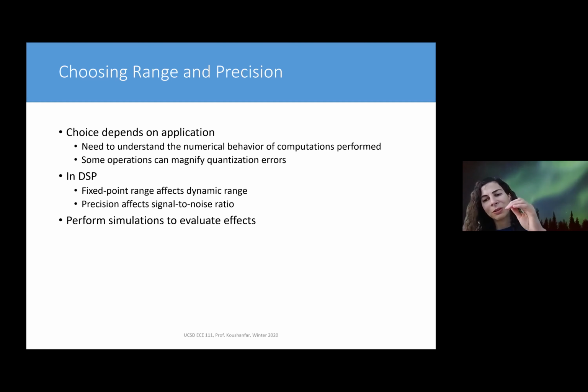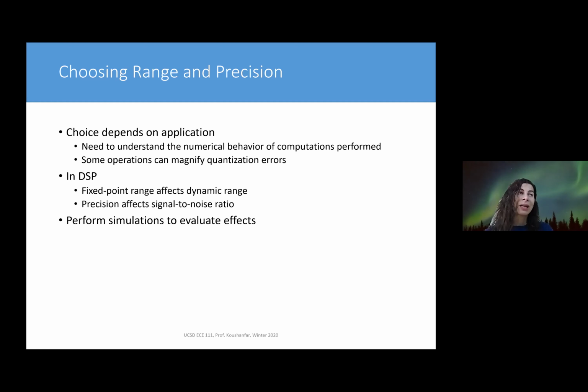The precision error can accumulate over the computation, and this can affect the dynamic range of which signals you could show in which range. And it's typical to perform simulation to evaluate the effect.